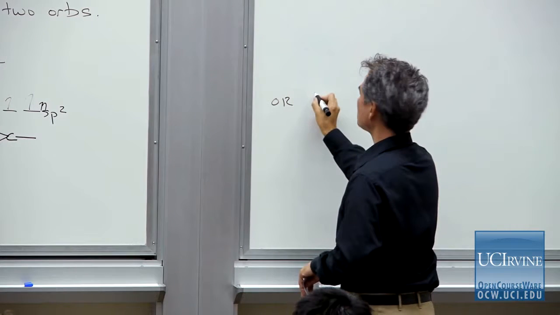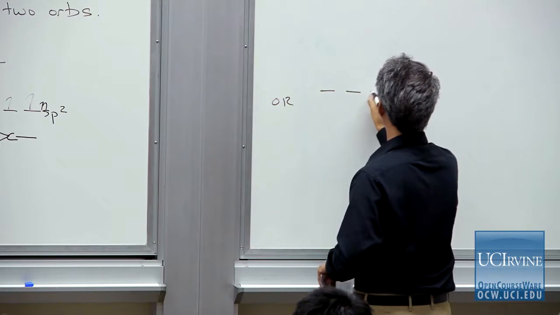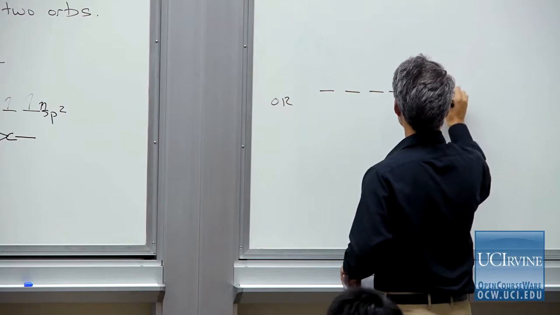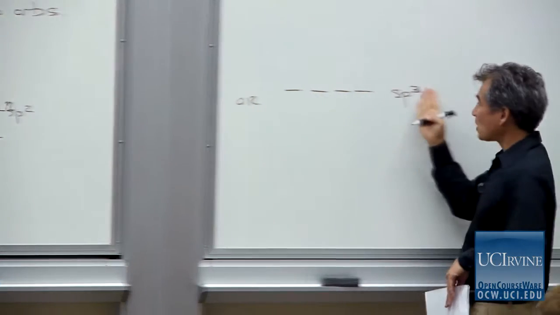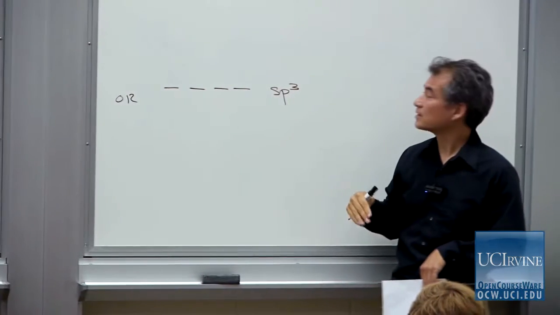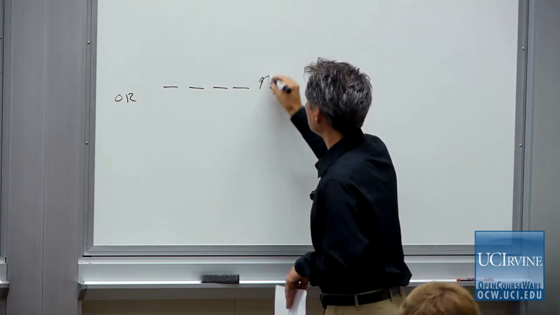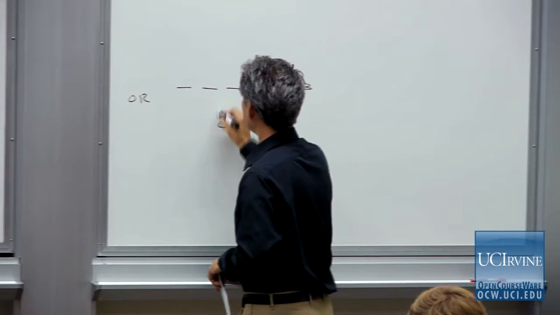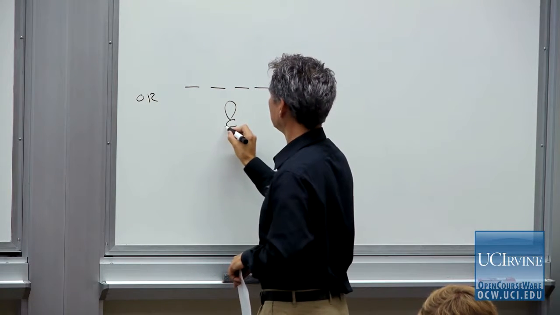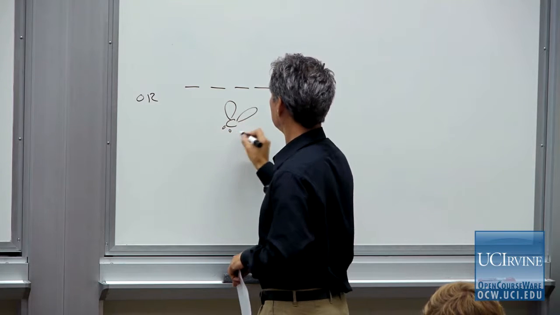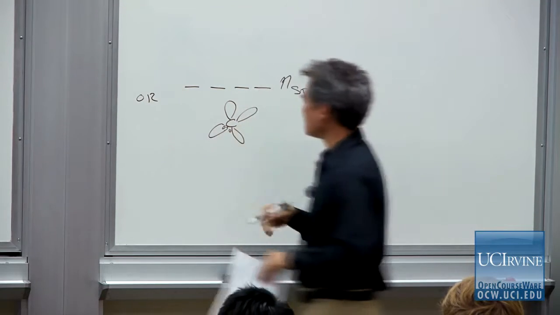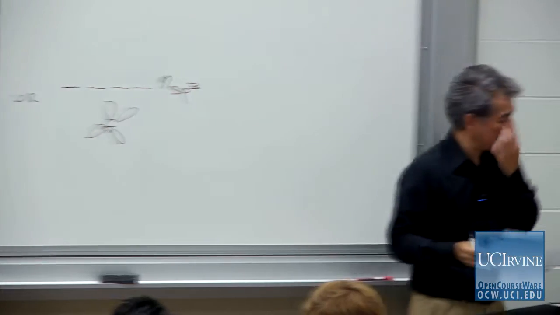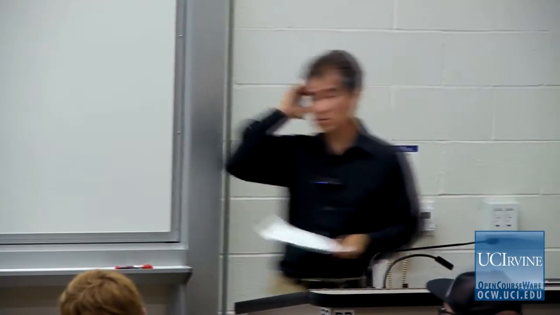This is supposed to be on the same axis. Hopefully you know that this is sp3 hybridized: 3 parts p character, 1 part s character. That's the recipe. I'll use a little non-bonding orbital combination, so those would look something like this. This is supposed to be a tetrahedral carbon atom with 4 sp3 hybridized orbitals ready for bonding.